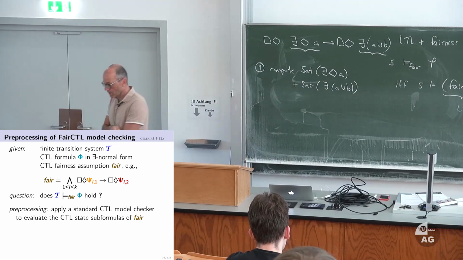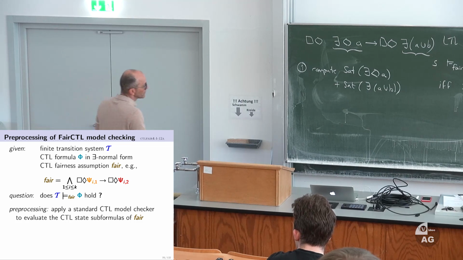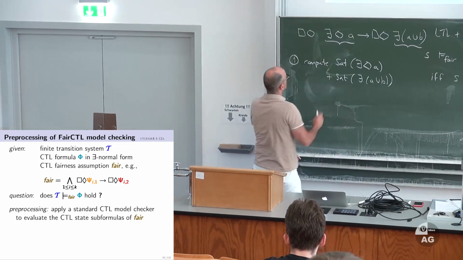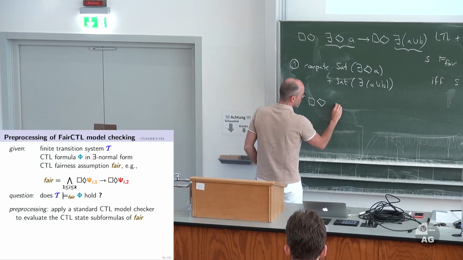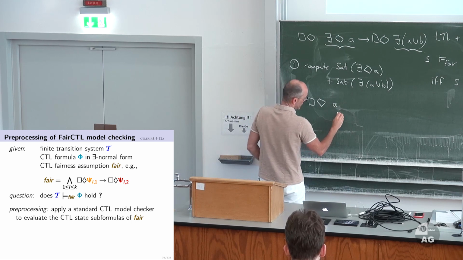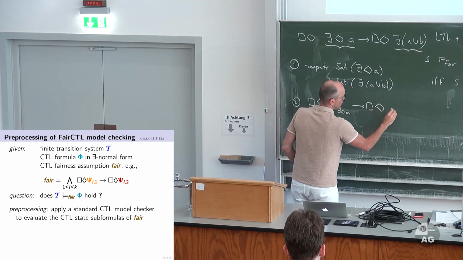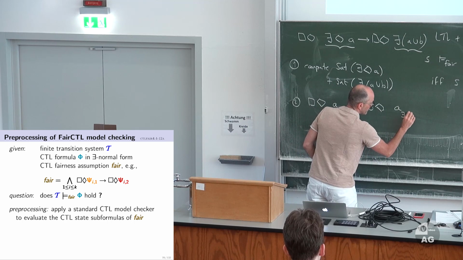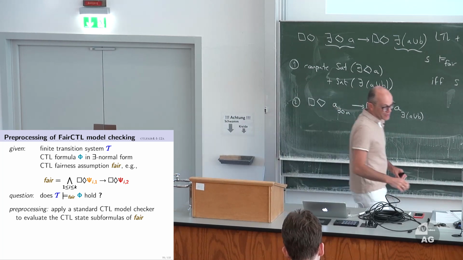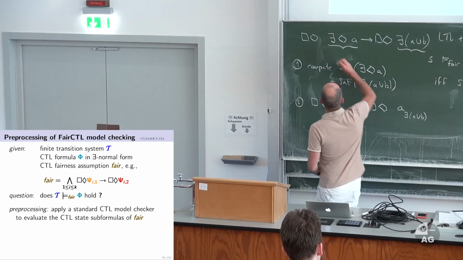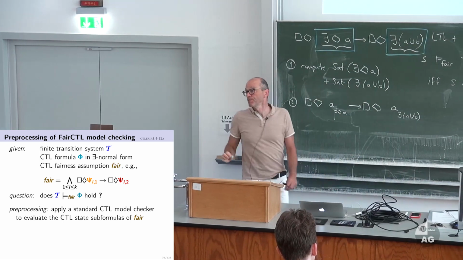Good. Now we introduce two new atomic propositions. I'm going to simplify this formula. I'm going to say infinitely often, say, A1, which belongs to this formula, implies infinitely often an atomic proposition for that formula. So I'm syntactically going to replace these CTL state formulas, this one and that one, by atomic propositions.